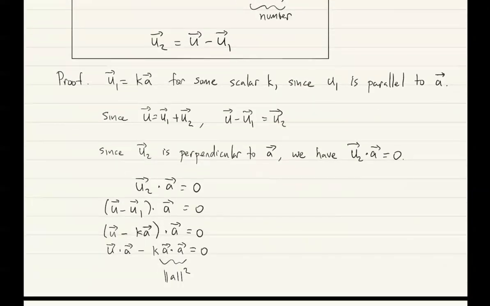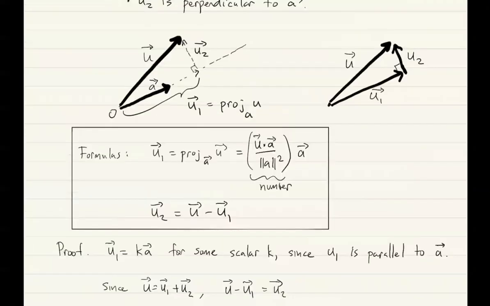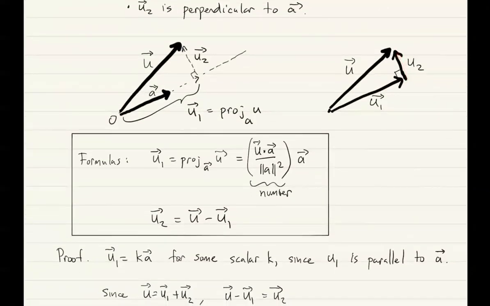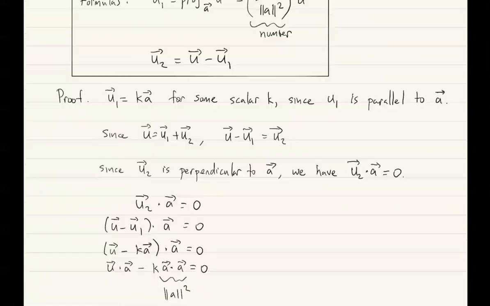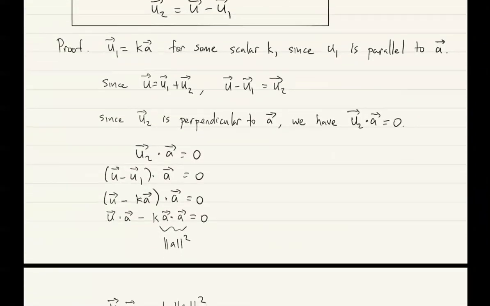All right, so we've got u2 dot a is equal to 0. That's because u2 and a are perpendicular or orthogonal. You can see from this picture here, we want u2 to be in the orthogonal direction to a. Okay, then u2 is u minus u1. Then u1 is some scalar multiple of a.